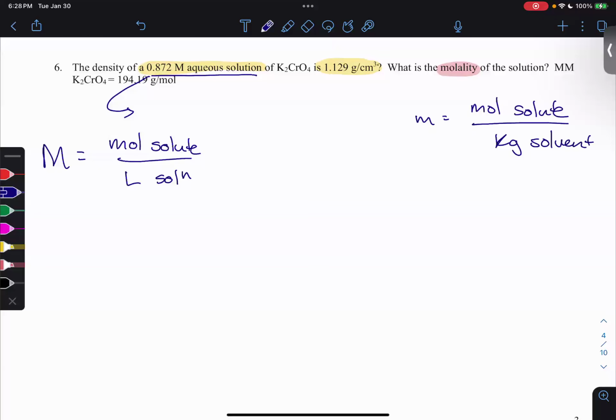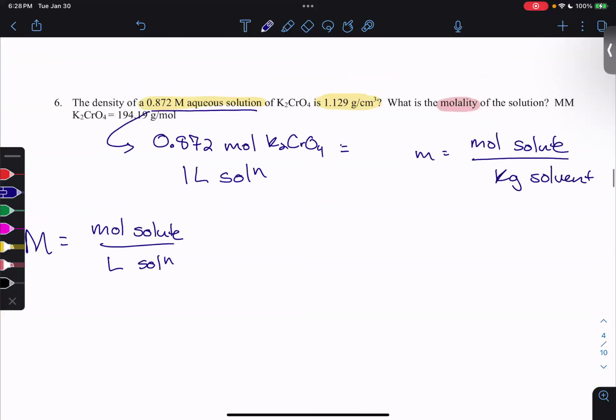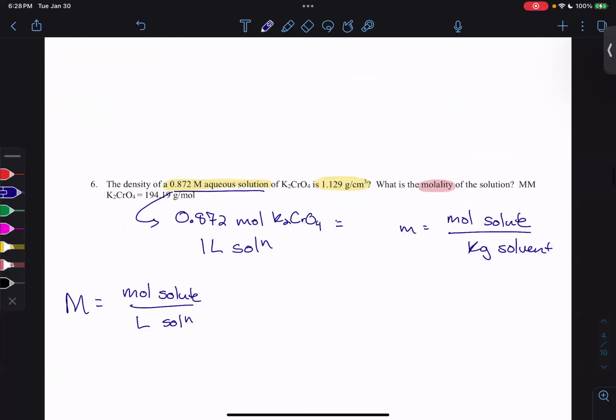0.872 molarity. What it means is that in my beaker, I have 0.872 moles of potassium chromate in every, how should I write this, in every 1 liter of solution. That's how I would use it in dimensional analysis. Maybe it can help if you draw a picture.